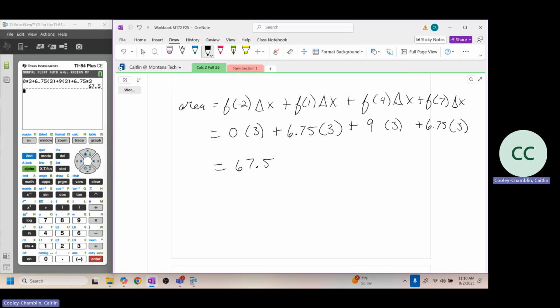And if I was to write this in summation notation, this would be the summation i equaling 1 to 4 of f of x sub i times delta x, where x1 is negative 2, x2 is 1, x3 is 4, and x4 is 7, and delta x is always 3.